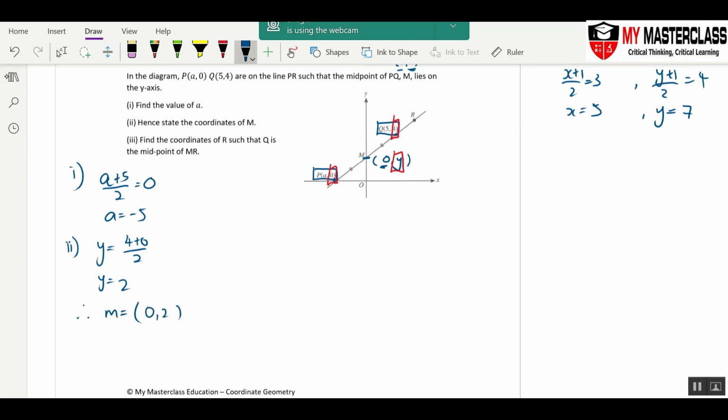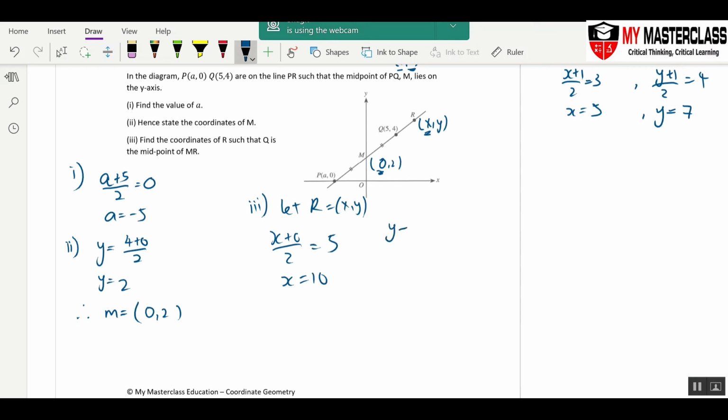Next, find the coordinates of R such that Q is the midpoint. If Q is the midpoint of M and R, M we know is (0, 2). Again, if you need to use the midpoint to find R, let R equal (x, y). Then (x plus 0) divided by 2, the average of the x coordinate, is equal to 5. x is equal to 10.